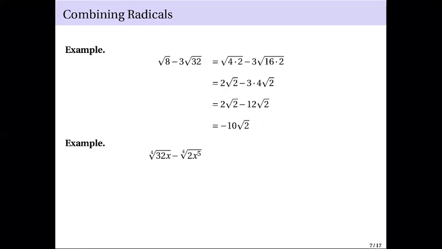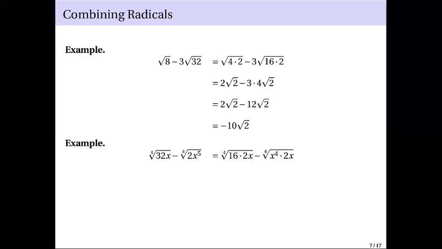In here, we have fourth root of 32x minus fourth root of 2x to the power 5. So 32x, that's 16 times 2x. And then 2x to the 5, you can write it as x to the 4 times 2x.